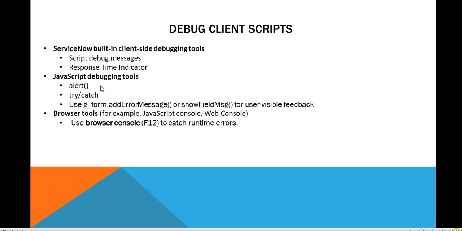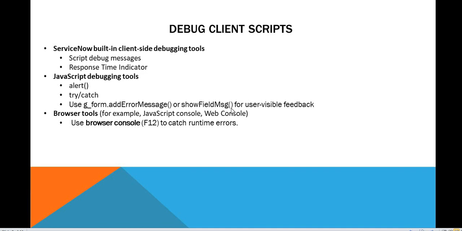So we can put multiple alerts while developing, and before it goes to production, we need to remove all of that. It's good practice to encapsulate our code in a try and catch block, so that in case of any errors, the users are notified. We can also use g_form.addErrorMessage and showFieldMessage.